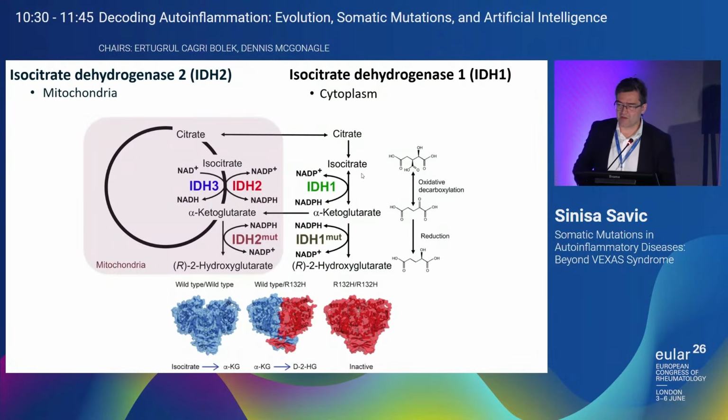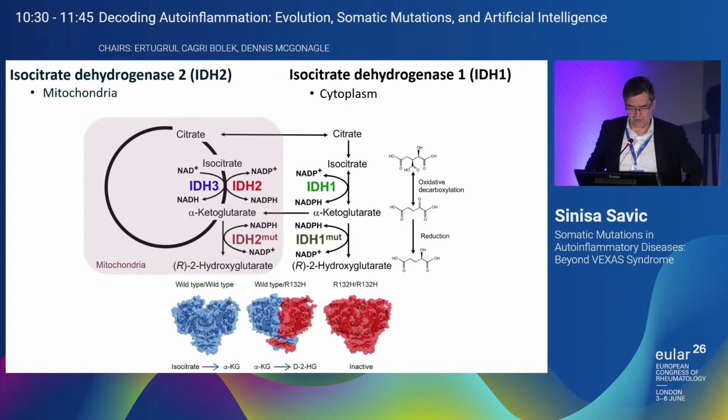But these enzymes are multimeric entities, so if you have a combination of wild type and mutated enzyme, you get an enzyme which doesn't convert to alpha-ketoglutarate but to 2-hydroxyglutarate. So a different kind of metabolite entirely. This is called an oncometabolite, and it's been shown to maybe have some role in propagating malignancy, but we didn't really know what its role was in inflammation.